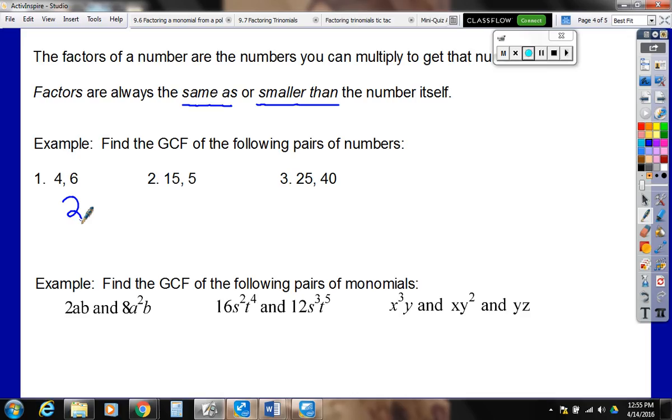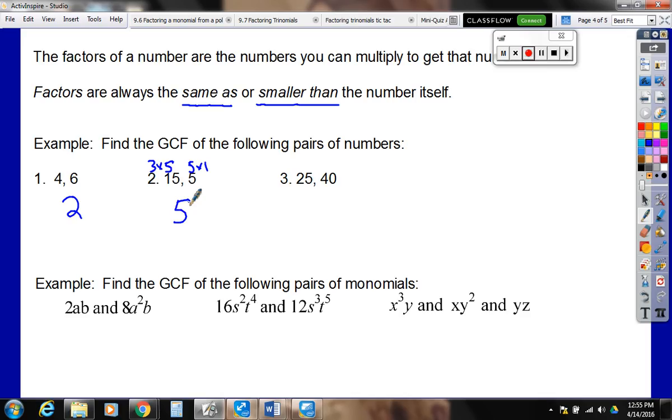Think about what the factors of each number are. 5 only has 2 factors, 5 and 1. What factors does 15 have? 15 has 3 and 5. Which factor is in common between the two of them? Which one do they both have? 5. So the greatest common factor is 5. 5 goes into 5 once, it goes into 15 3 times.